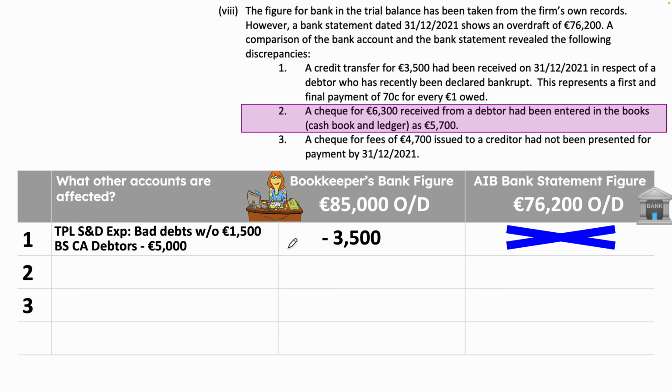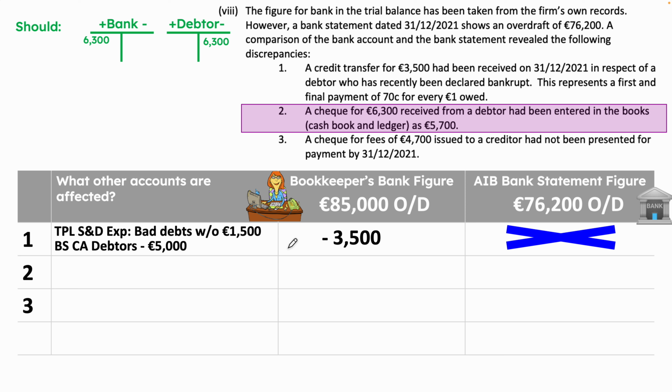Now, discrepancy number 2 then. A cheque for 6,300 received from a debtor had been entered in the books, the cash book and ledger as 5,700. So this is a complete mistake just by the bookkeeper. The AIB bank has done nothing wrong, so it won't affect the AIB figure.